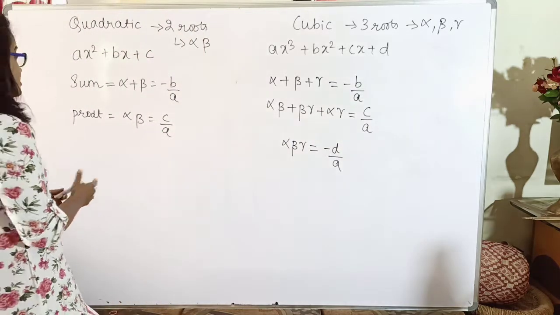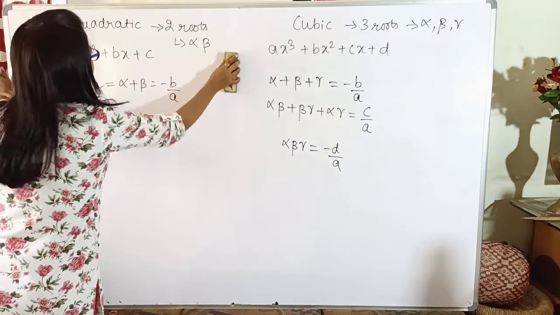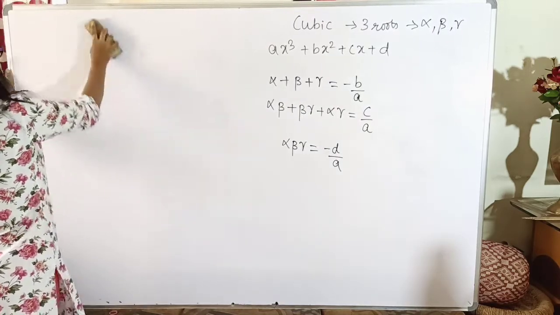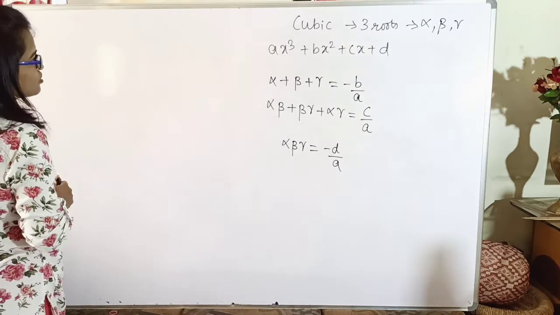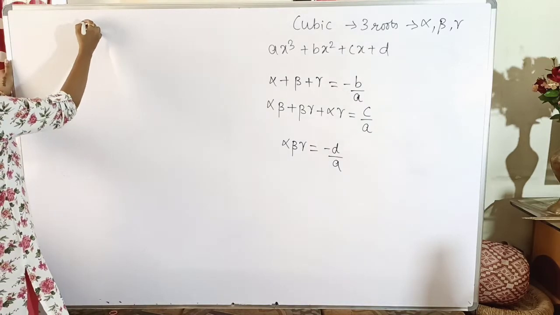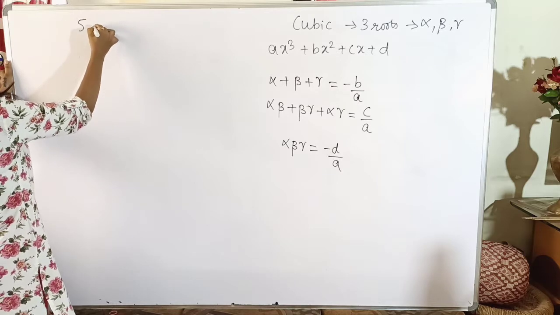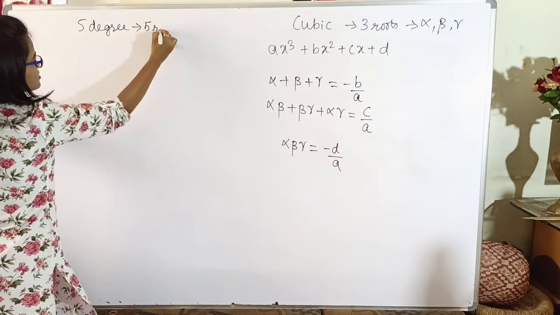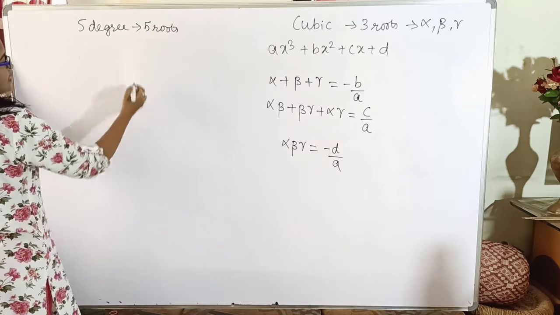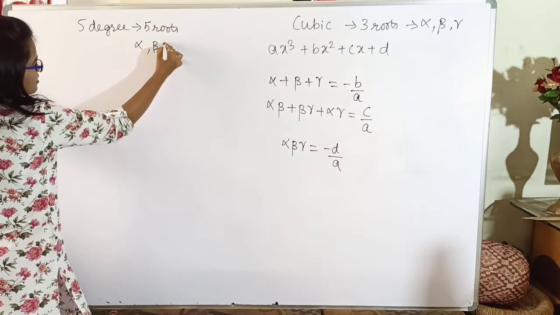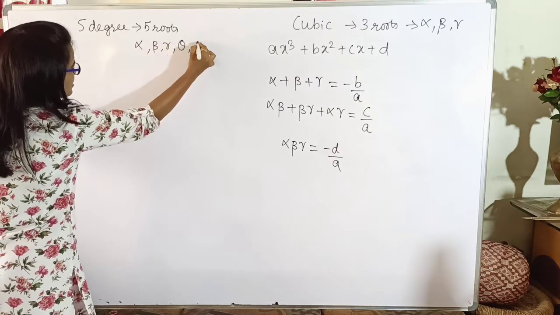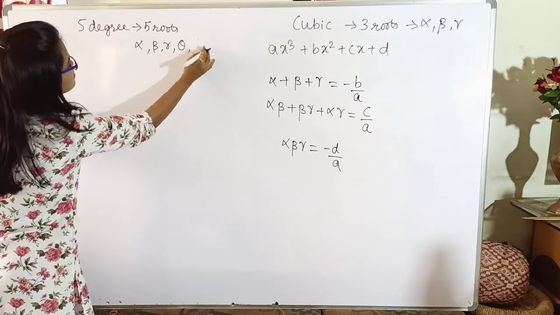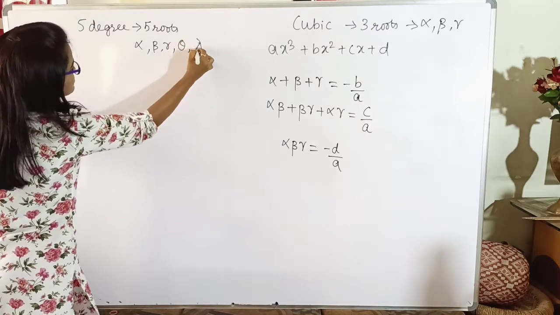Okay, so let us see the same rule with respect to, suppose, a polynomial with degree say 6, or say 5. So a 5 degree polynomial, it means how many roots it will have? It will have 5 roots. Let us consider alpha, beta, gamma, theta and say lambda.